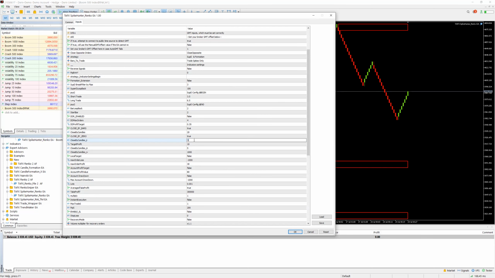So if you set here 5 and you are in good profit, you can only trade 5 candles. And remember, these are the minute one candles. So after 5 candles, it will close that trade or take profit and wait for a fresh entry. And don't forget, this is when you are trading against the spikes.